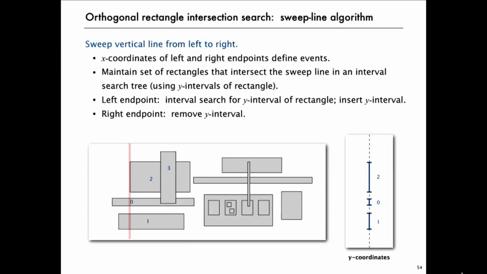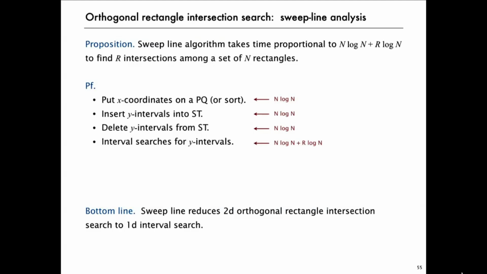And so now the question is, when we hit a new rectangle, we want to do an interval search, if we're at the left, to check which ones intersect. And the interval search tree algorithm is going to tell us which intersections there are right away. When we reach the right, then we remove intervals and so forth.